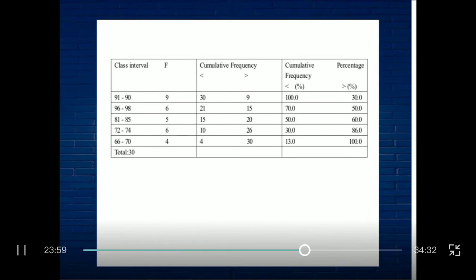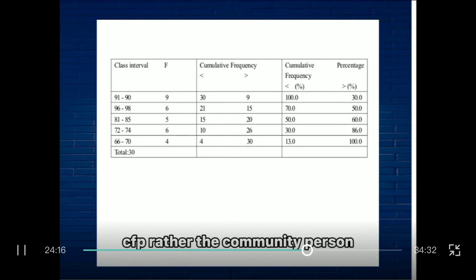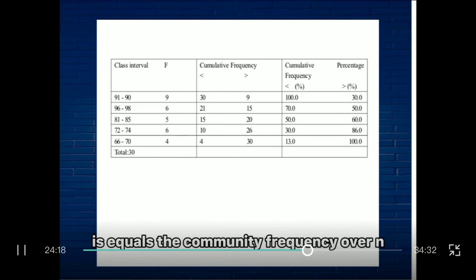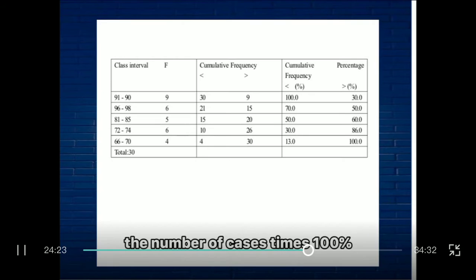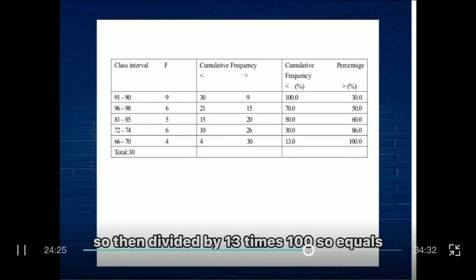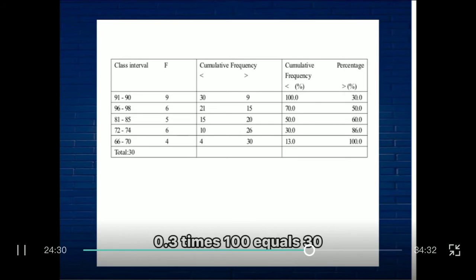So next, for CPF, rather, the cumulative percentage frequency lesser than is equal to cumulative frequency over n, the number of cases, times 100%. So 10 divided by 30 times 100 equals 0.3 times 100, which is equal to 30.